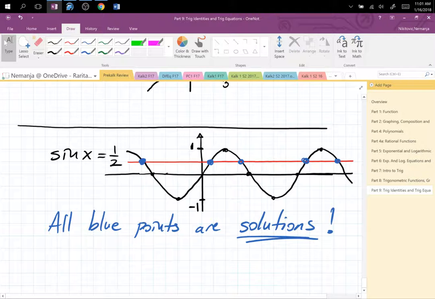There are infinitely many solutions. Sine x equals 1/2 has infinitely many solutions.